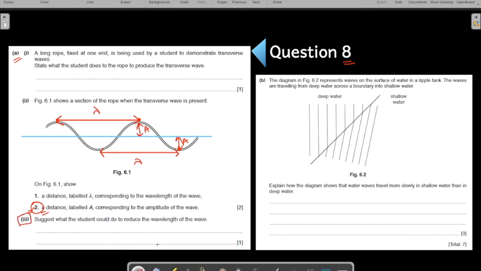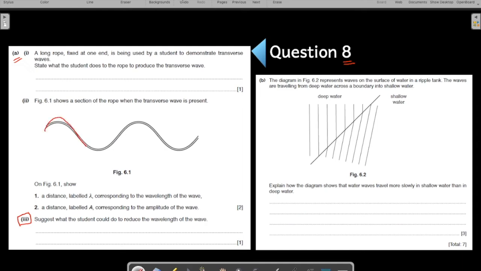Now the third part of the question. Suggest what the student could do to reduce the wavelength of the wave. Reduce the wavelength. How can he reduce the wavelength? Let me erase this. He can produce on the same rope more number of waves.